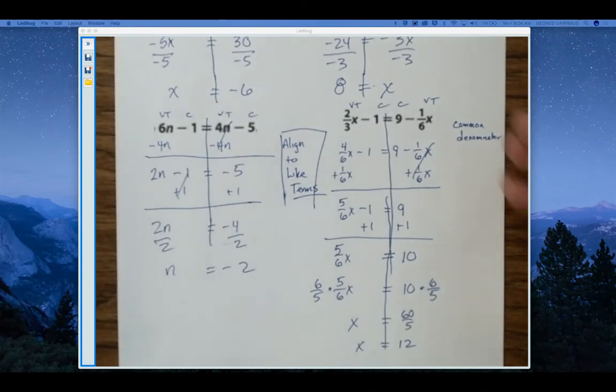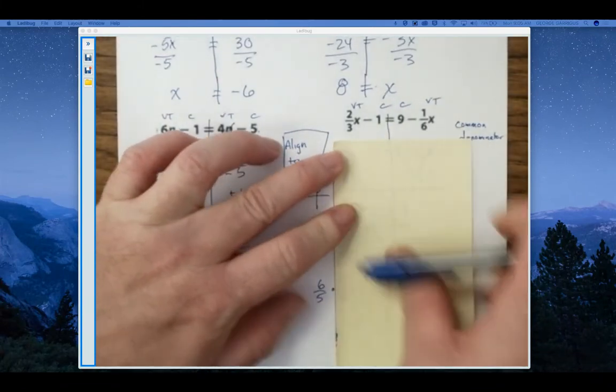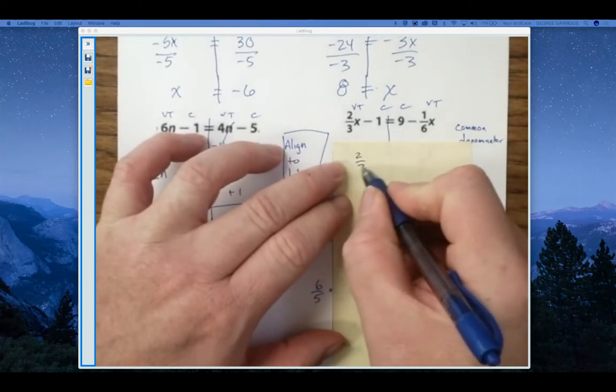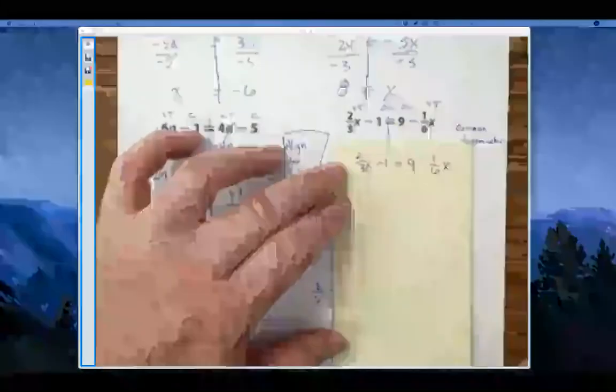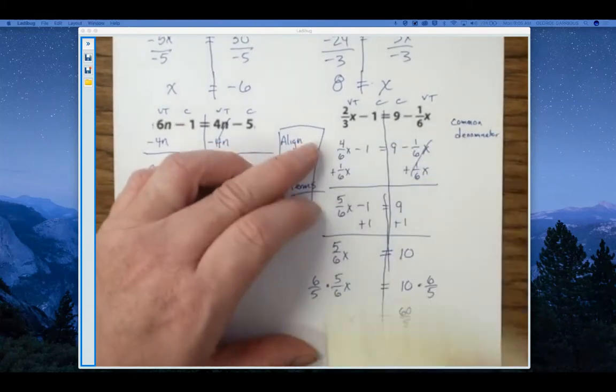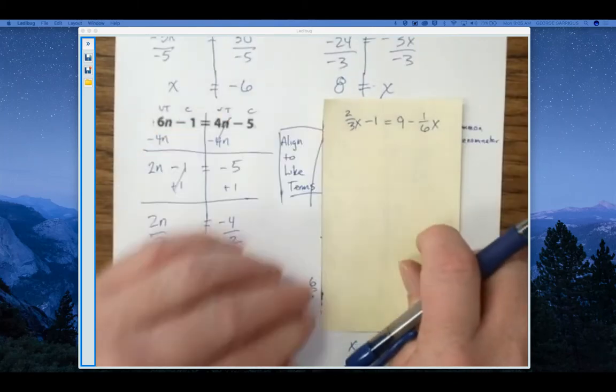So again, you have to have a common denominator if you're going to add things together. There's one other way we could have approached this problem. 2/3 x minus 1 equals 9 minus 1/6 x. We could have approached this problem and solved it a little bit differently.